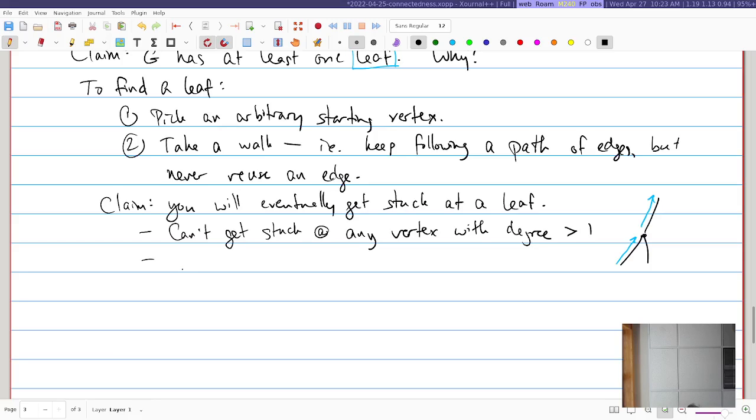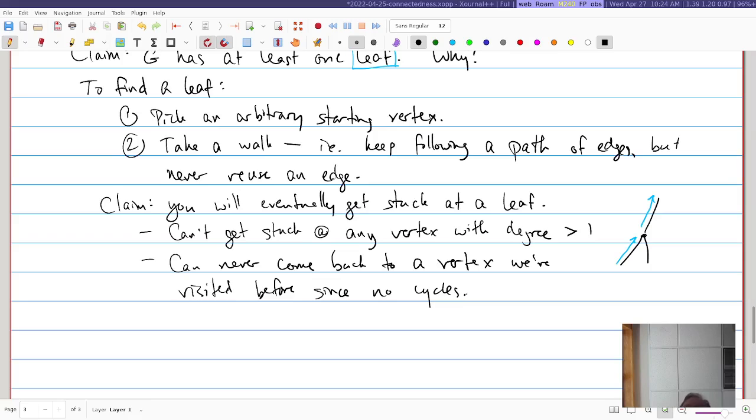Here, no cycles. Right, because this graph, we're assuming it's a tree, has no cycles. So I can never get back to somewhere I've been before. And never come back to a vertex we visited before, since there are no cycles.